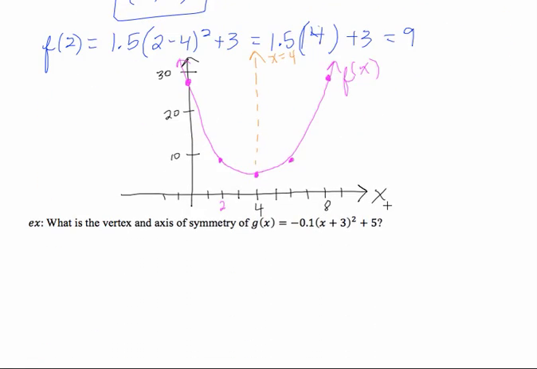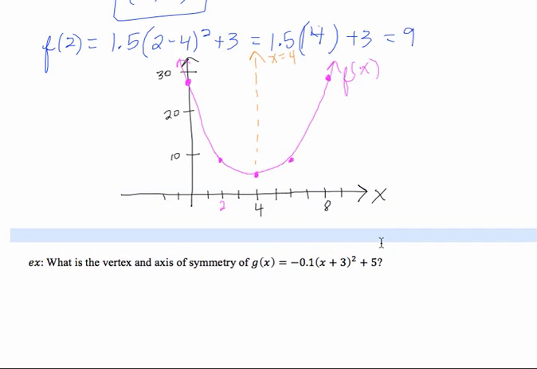Okay, let's practice one more on this, just finding the vertex and axis of symmetry. For g of x equals negative 0.1 times x plus 3 all squared plus 5. So if the general form is g of x equals a times x minus h all squared plus k, this one's a little bit harder because you've got x plus 3.